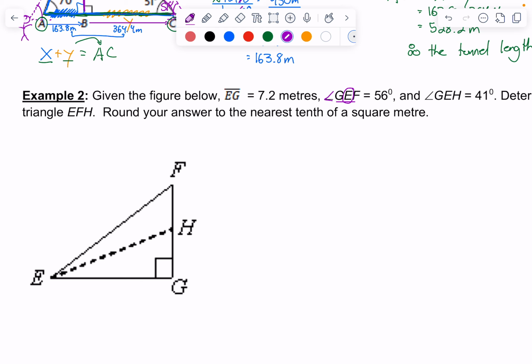So here's G, F, and E. So those represent the vertices of our bigger triangle right up here and here. So this angle is the 56 degrees that's being given. And I guess while we're at it, let's fill in EG being 77.2, that's this side length right here.